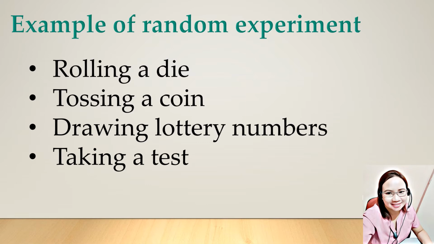Pero alam natin kung ang number doon is 1 to 40, 1 to 40 yung possibility na yung number na lalabas ay isa doon sa 1 to 40. And in the same manner, when you take a test, halimbawa, di mo mapipredict exactly kung ano yung makukuha mo na score dun sa test. Okay, these are example of random experiment.